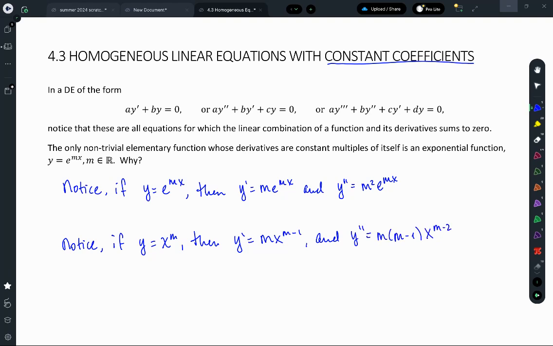And so now if I try to get some linear combination here of y prime and y double prime, it wouldn't matter what constants I used, there would be a problem because none of these are like terms, right? Y has x to the m, but y prime has x to the m minus 1. That's a lower degree. And y double prime has an even lower degree. So the three terms would never combine.